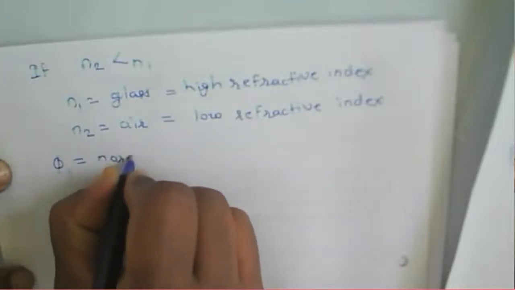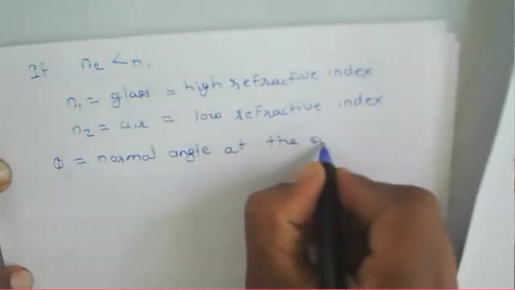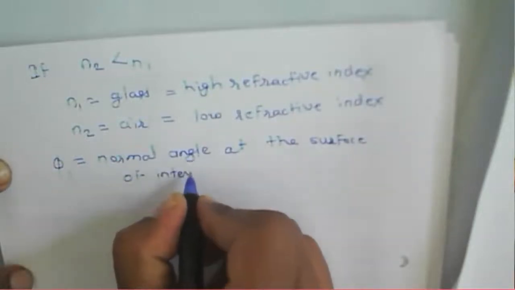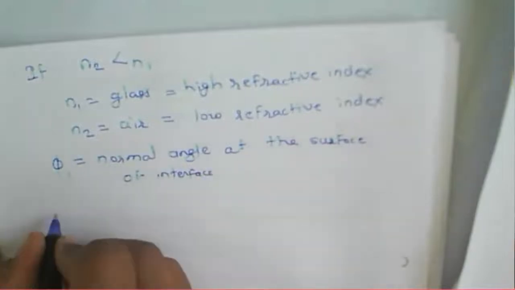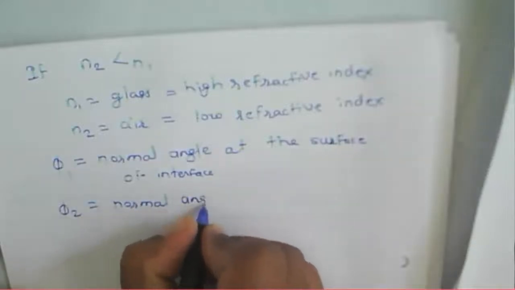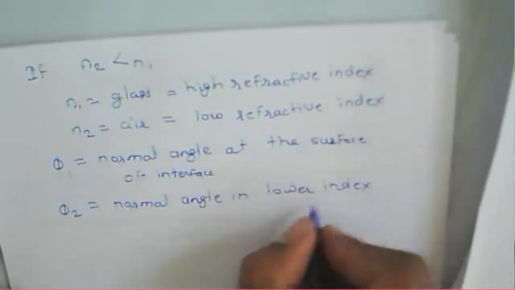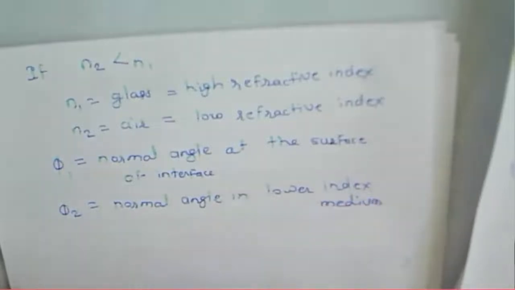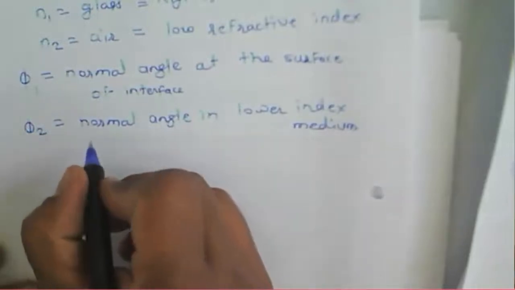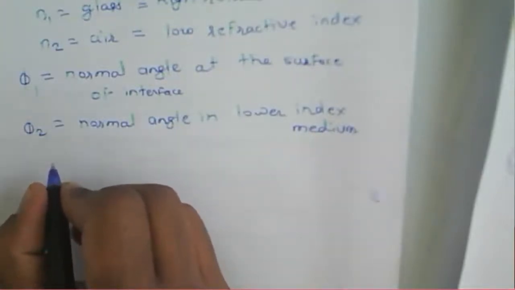And phi 2 is the normal angle in the lower index medium. That is about phi 1 and phi 2.